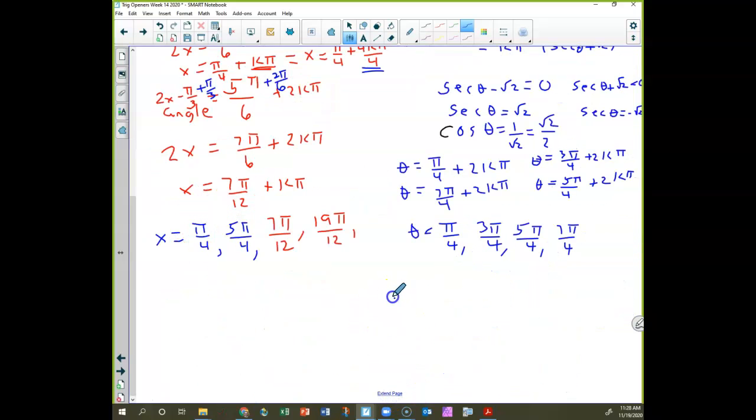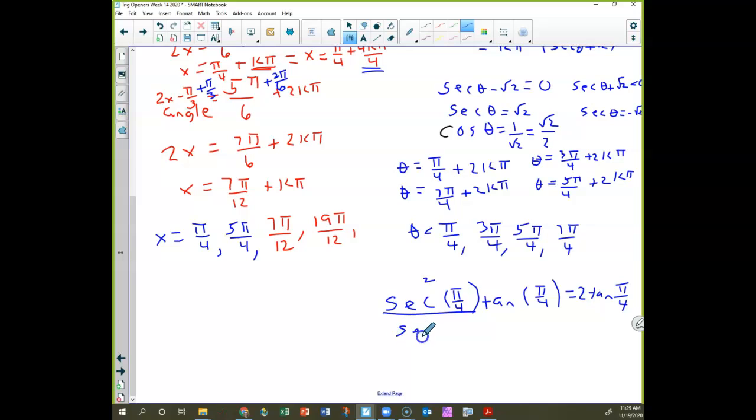If you want to know, okay, secant squared of theta times tangent of theta, well, that'd be secant squared of pi over 4 times the tangent of pi over 4 is equal to 2 times the tangent of pi over 4. Now, be very, very careful to recognize what that notation means.